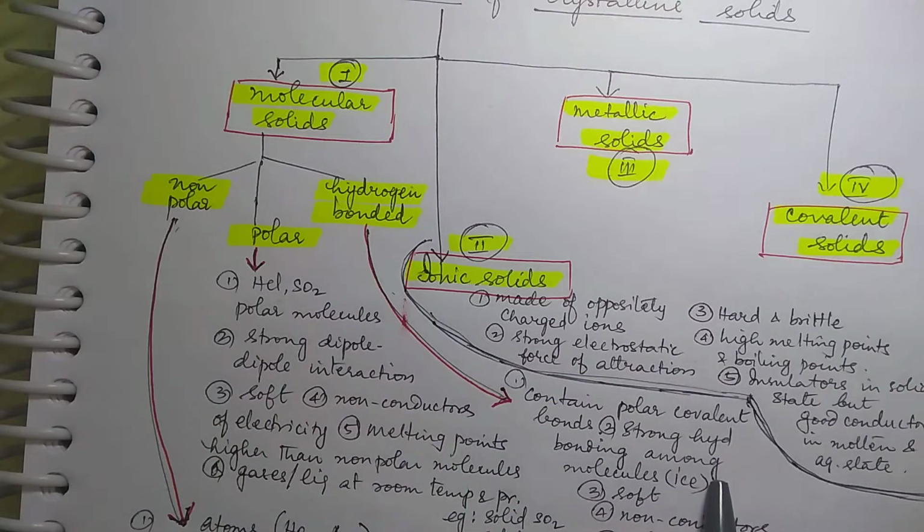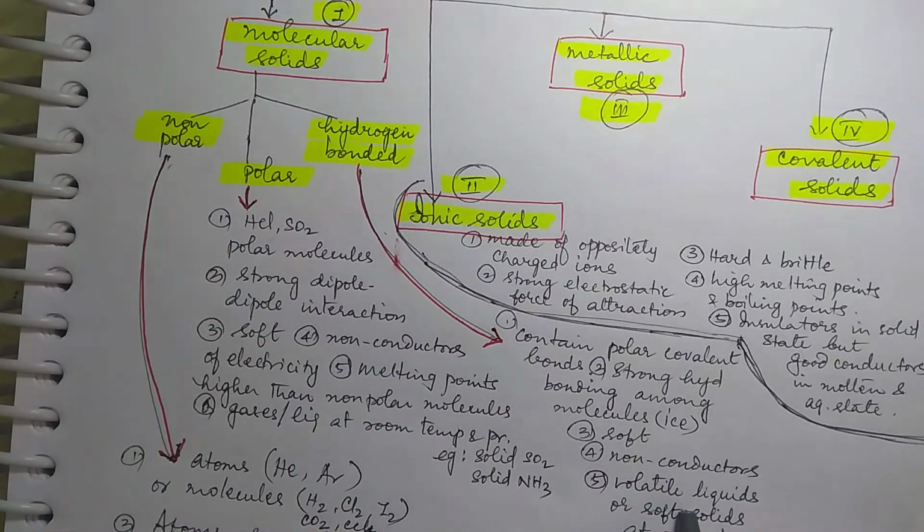There is hydrogen bonding among the molecules. Say in the case of ice. Again it is soft, non-conductors. They are volatile liquids or they are soft solids at room temperature and pressure. That is about hydrogen bonded molecular solids.